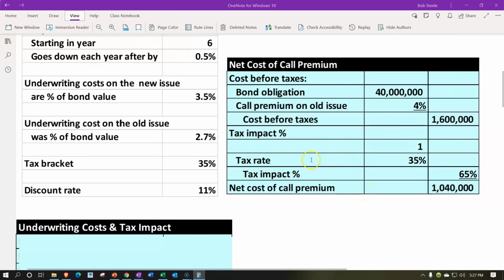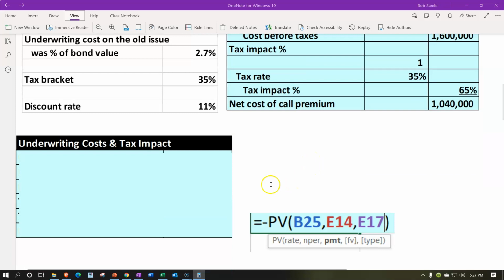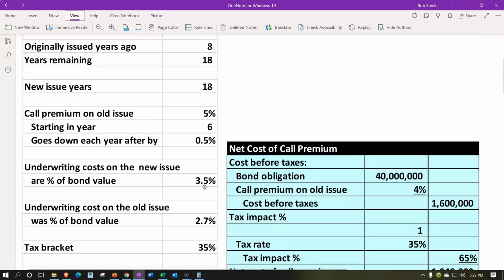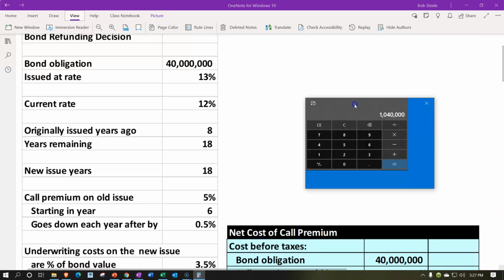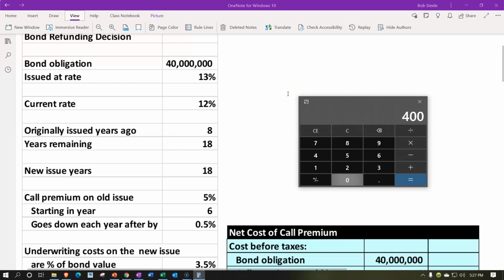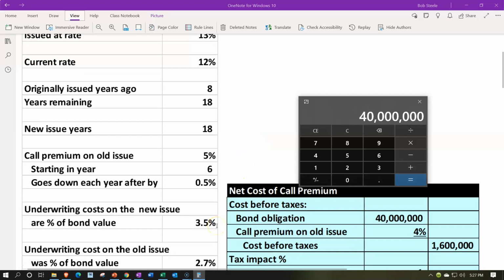1,040,000. Next, we're going to take a look at the underwriting costs and tax impact. Underwriting costs was the 1,400,000, and you'll recall we calculated that by taking the 40 million times, and then we said down here that it was 3.5%.